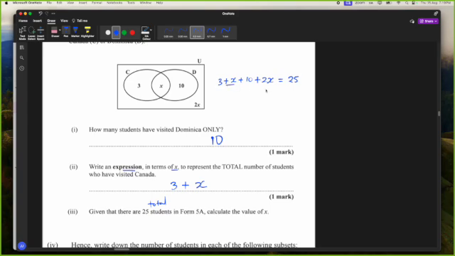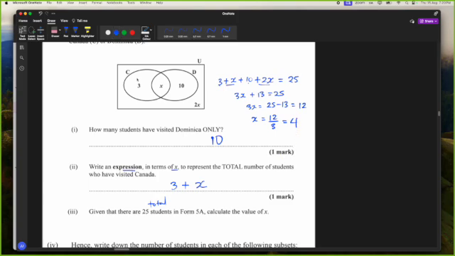So I could see x plus 2x is 3x, and then 3 plus 10 is 13. And so 3x is 25 minus 13, which is 12. And so x will be 12 divided by 3. So x will be 4.